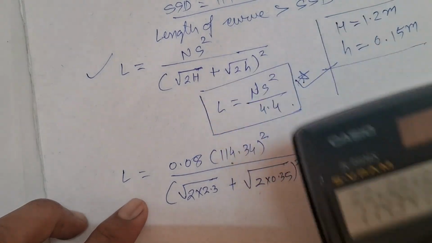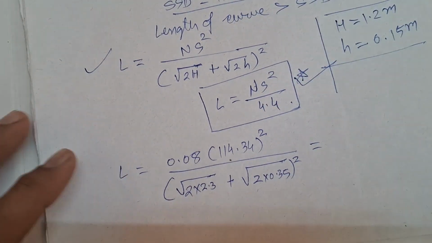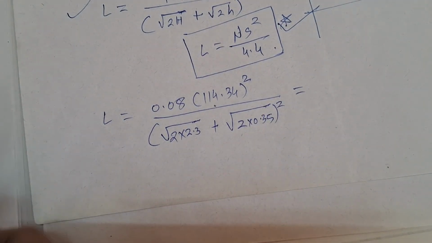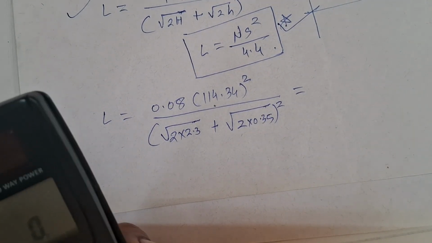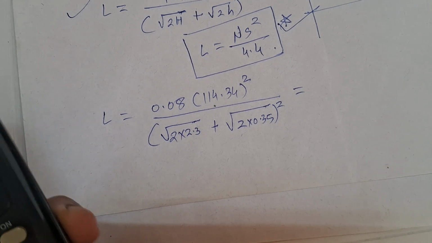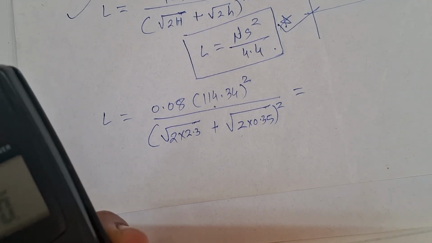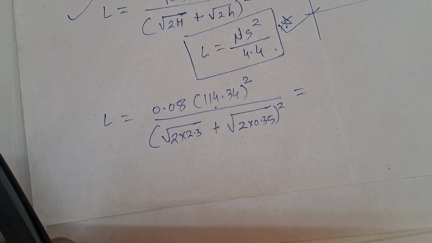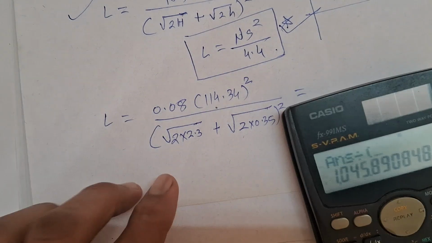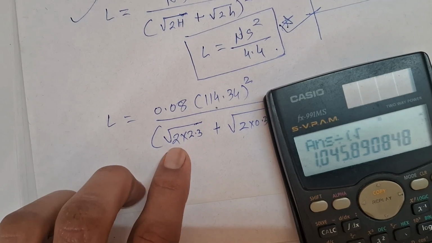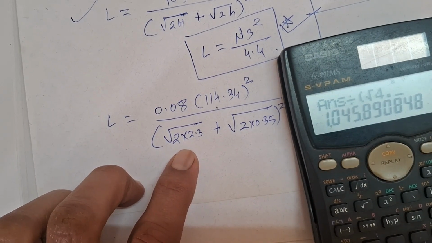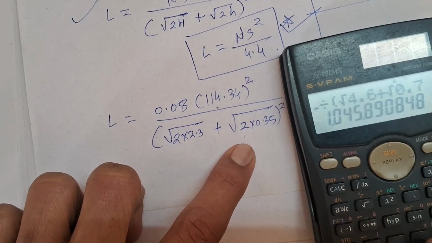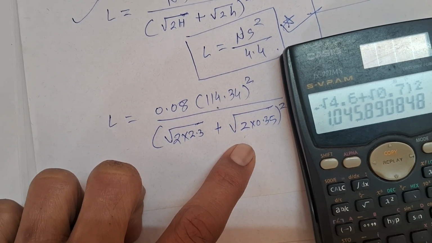Let's find out what we are getting. 0.08 into 114.34 whole square divided by under root of 2 into 2.3, that is 4.6, plus under root of 0.7 whole square.